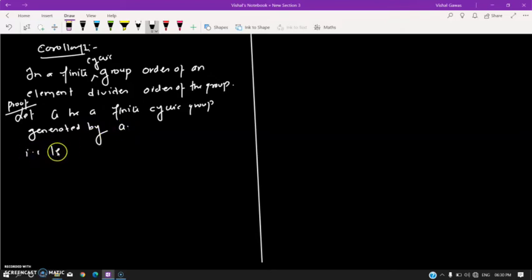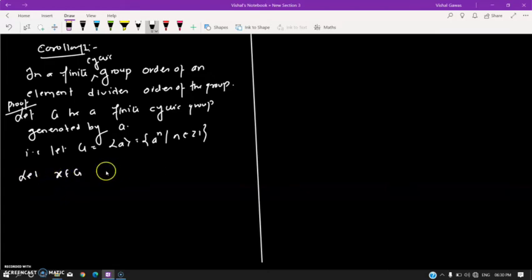That is, let G be equal to the set of all a raised to n, n in Z, right? So let x belong to G. It would imply that x is nothing but some power of a, a raised to k for some k in Z, right?